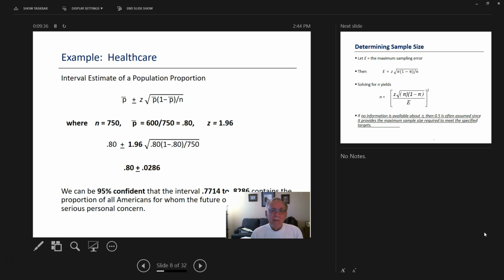So we can be 95% confident that the interval, 80% plus or minus 0.0286, contains the proportion of all Americans who are concerned about their healthcare in the future.